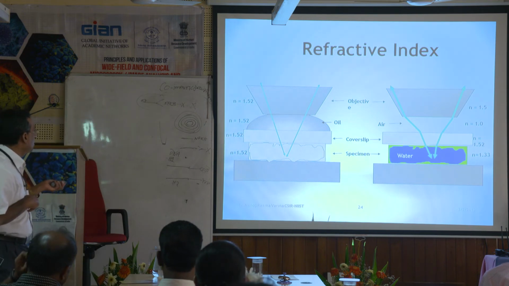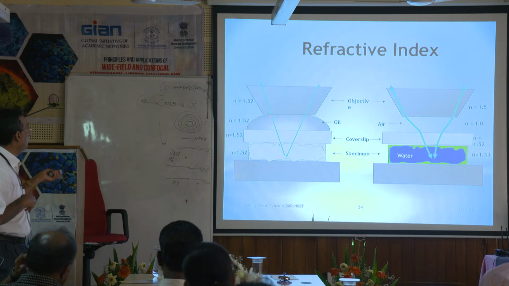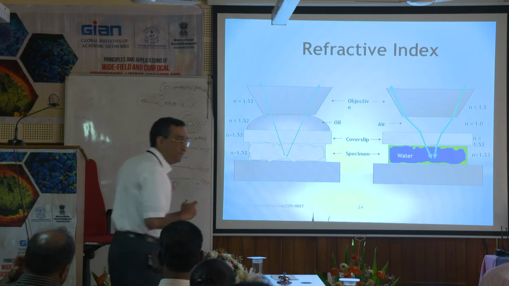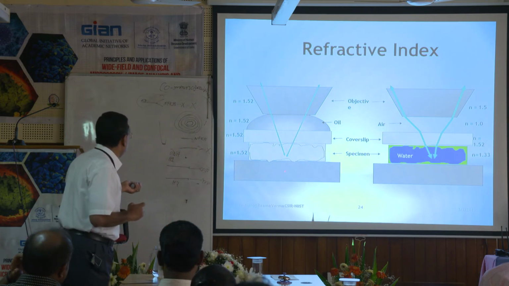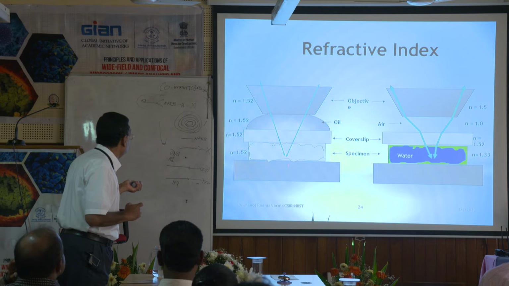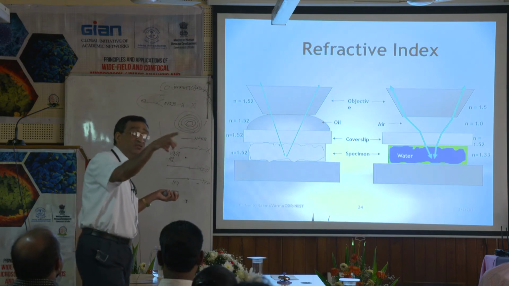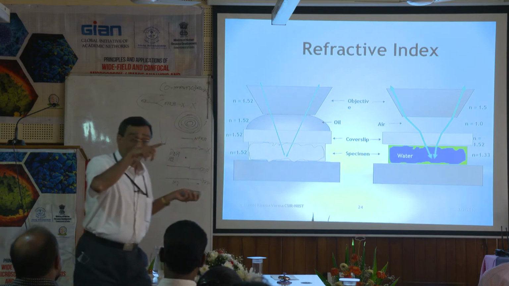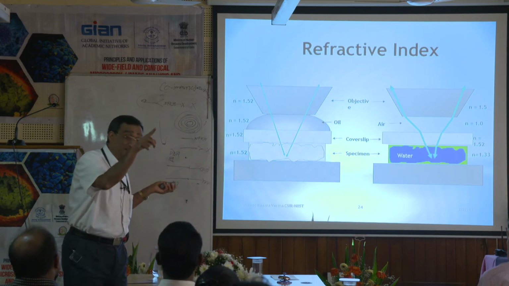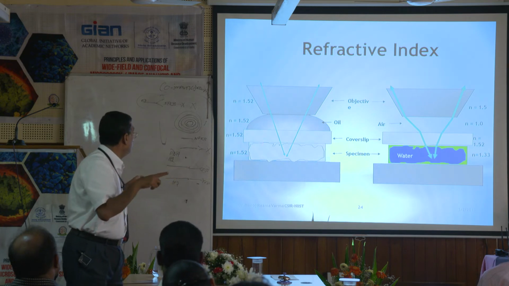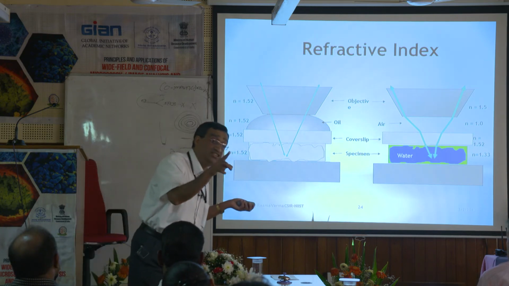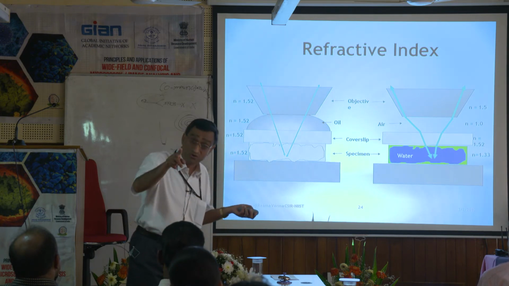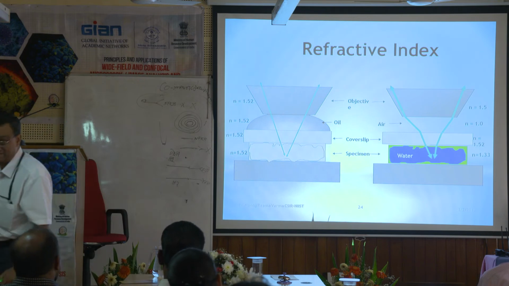You have the specimen, above that the cover slip, and above that you put oil between the objective and the cover slip, so that your rays travel through a medium of the same refractive index throughout. This will improve the resolution. The oil and the cover slip are selected in such a way that they have the same refractive index. Otherwise bending of rays will occur and resolution will be poorer.